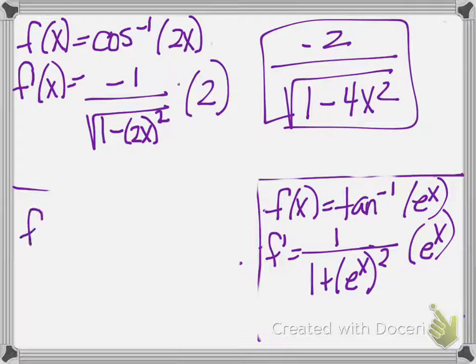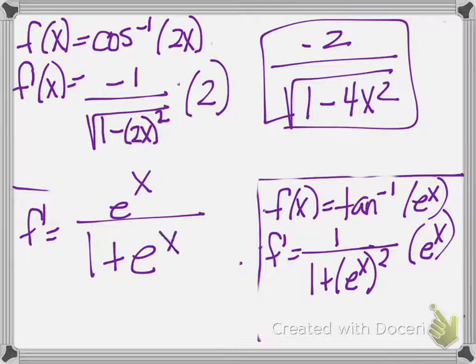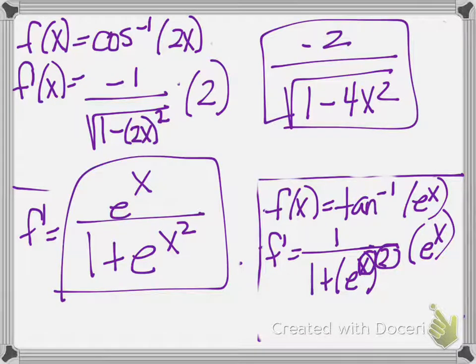You would get that f prime equals e to the x on top, and then we'll have 1 plus e to the 2x, because remember there's a rule that says if you have an exponent over here, you just multiply them. Yes, e to the x squared, you're multiplying them, x times 2 is 2x. Okay, and that would be your final answer.